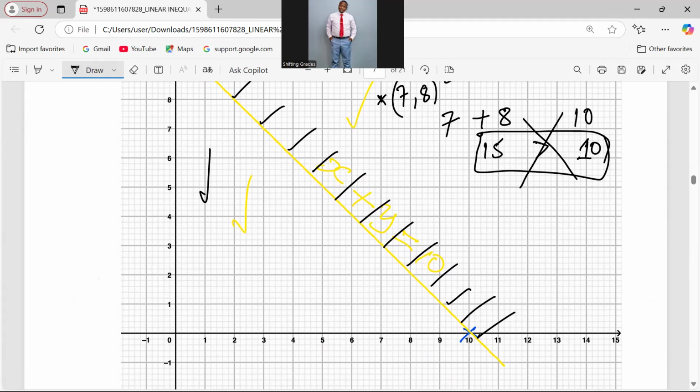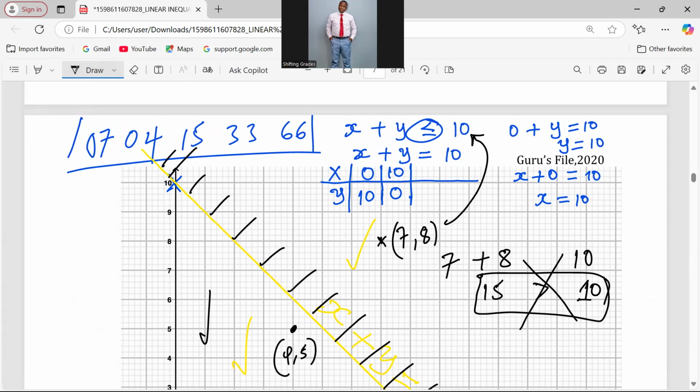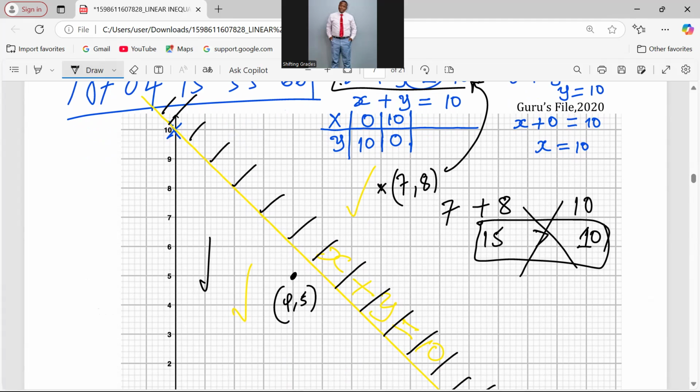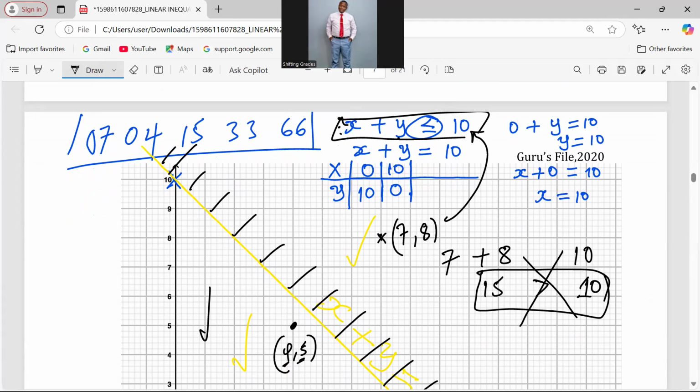By picking a coordinate like 4, 5. So coordinate 4, 5, when we take it to the inequality here and we replace it, where there is x, we put 4. Where there is y, we put 5. So it will be 4 plus 5, and on the right hand side, we are having a 10.